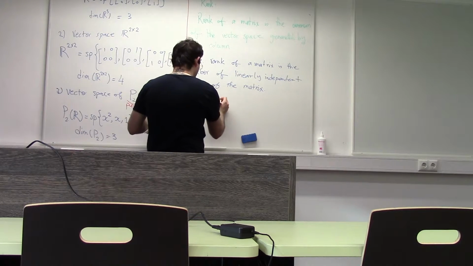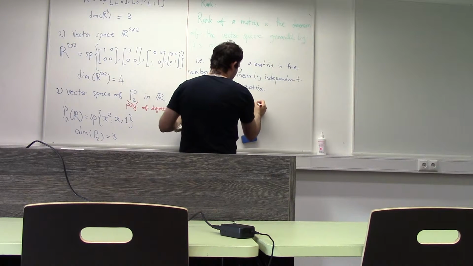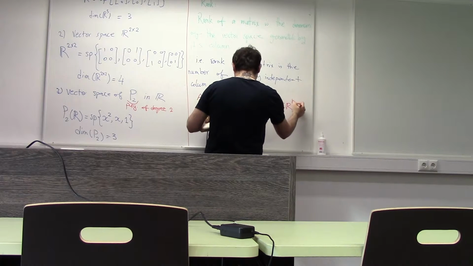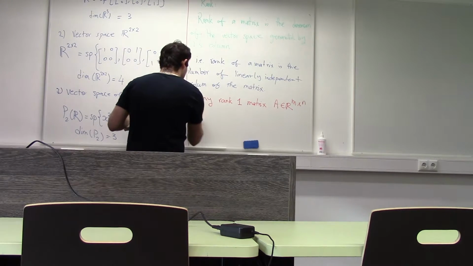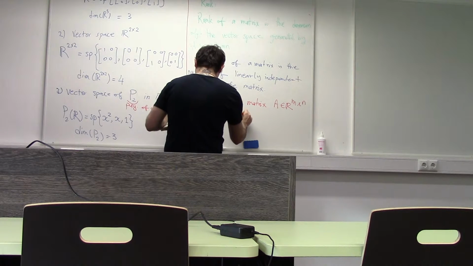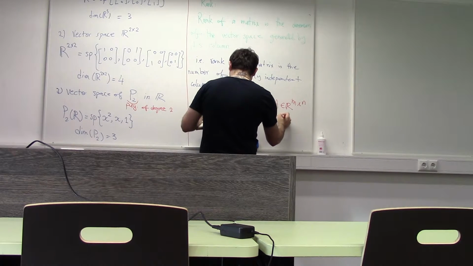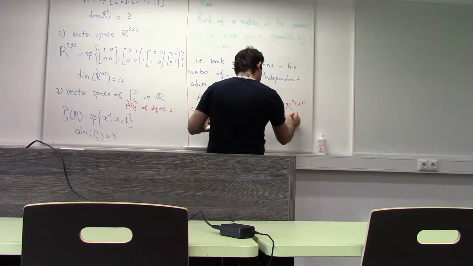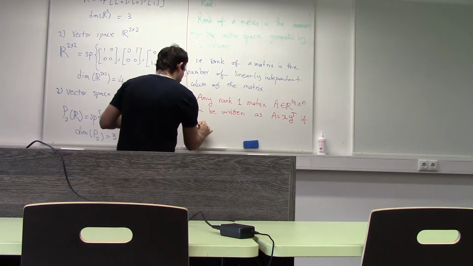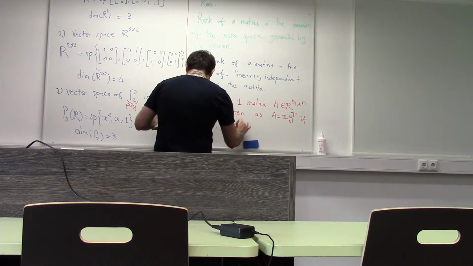Any rank 1 matrix A belonging to R^(m×n) can be written as A equals x y transpose, if x belongs to R^m and y belongs to R^n.